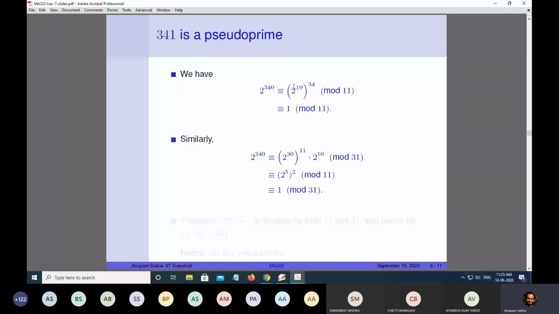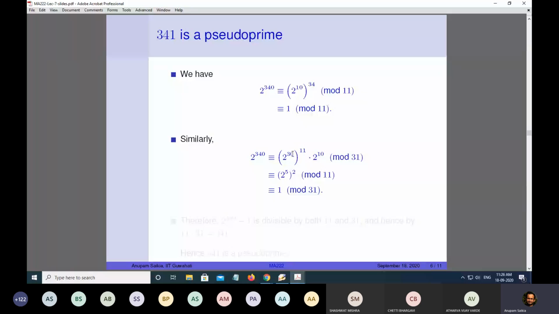So this is just 1 to the power 34, which is 1 mod 11. So 2 to the power 340 minus 1 is divisible by 11. Similarly, I break 2 to the power 340 up as 2 to the power 30, raised to 11, times 2 to the power 10: 330 plus 10 is 340. Since 2 to the power 30 is 1, that part is 1.